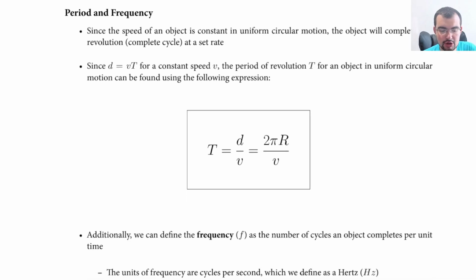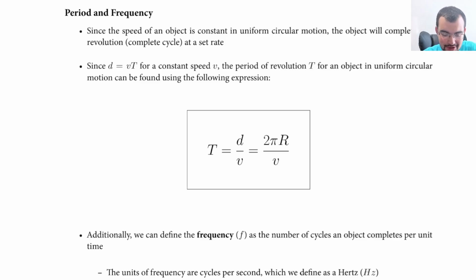So since this motion is cyclic, we will define the period, capital T, as just how long it takes to go around the circle, because that is a predictable constant quantity. Because if you're going the same speed on the same distance, it's going to take you the same time to do a lap. Now, I don't know if this is necessarily important to memorize.